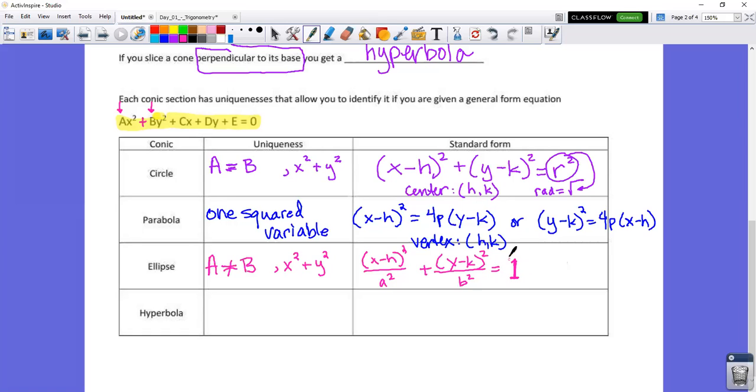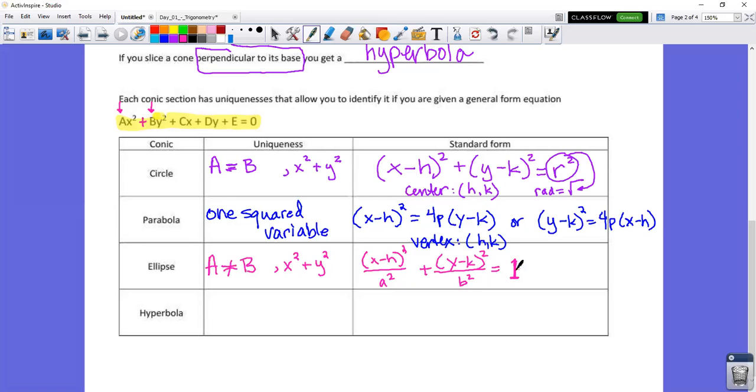This is one of the main differences that separates it from a circle. A circle will always equal a number, well, it can equal 1, but it will equal a number over here and have no fractions, no denominators. With an ellipse, you want to have denominators and you want it to be equal to 1. So there are a couple extra steps to go from a circle to an ellipse.